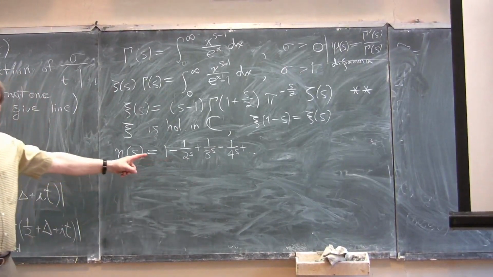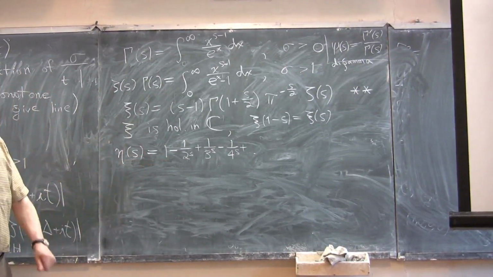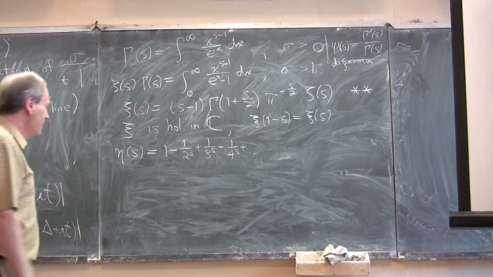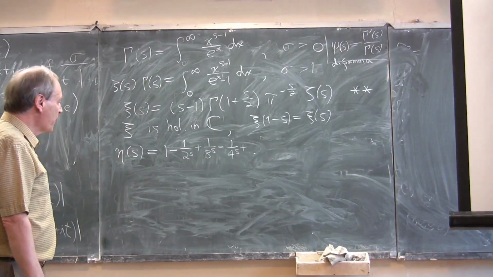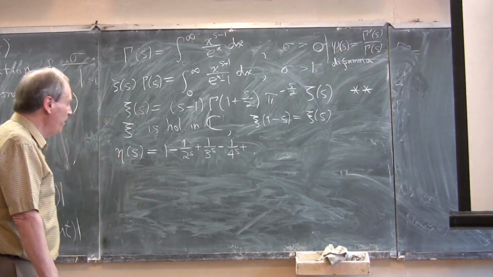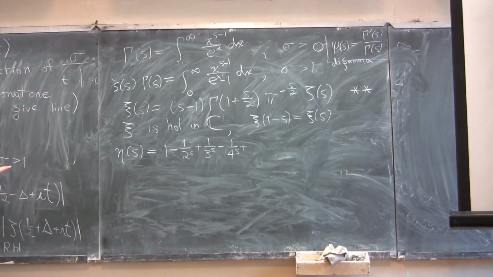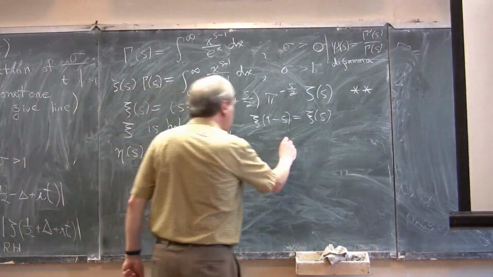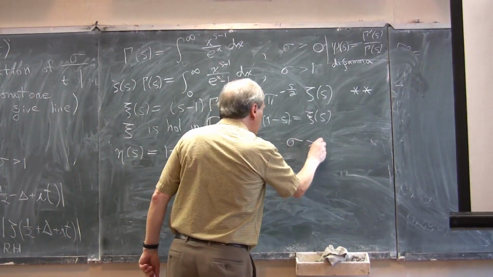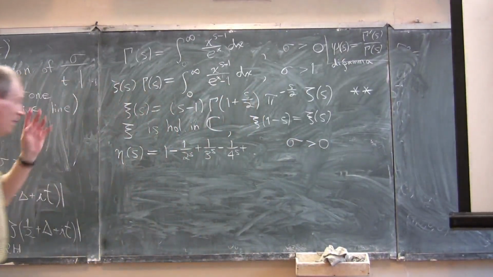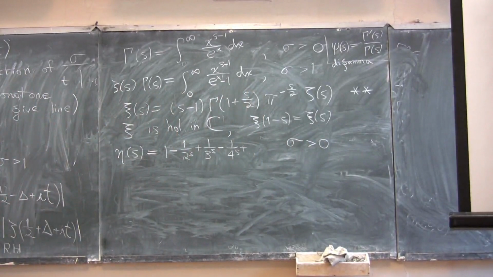One slight advantage, and this was used very much by Euler. Of course, Euler only considered when s is a real number. But this one, the zeta Dirichlet series converges for sigma greater than 1. This actually converges for sigma greater than 0. It will be conditionally convergent between 0 and 1, but still convergent.